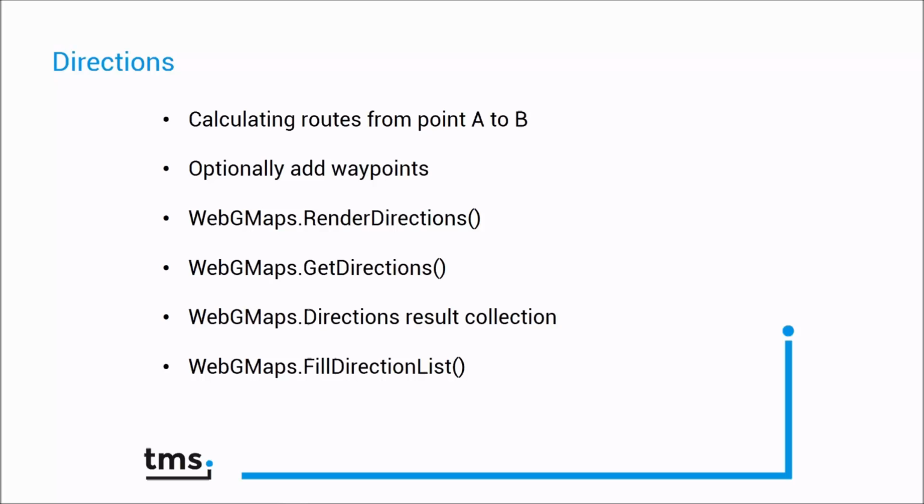And now in this new part, we will be looking at getting and rendering directions in the Google Mapping control. So we will have a look at calculating routes from point A to B and showing these in the map.